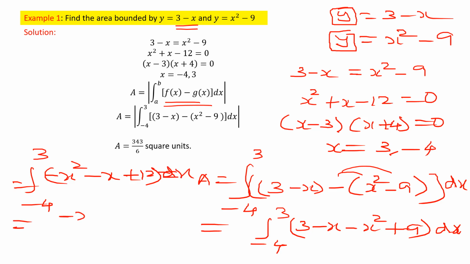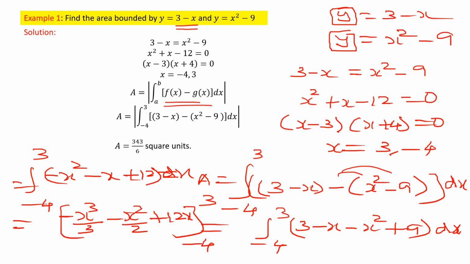By integrating this, we will get minus x power 3 by 3 minus x power 2 by 2 plus 12x between minus 4 and 3. Then substitute upper limit minus substitute lower limit, that will give you 343 by 6 square units.